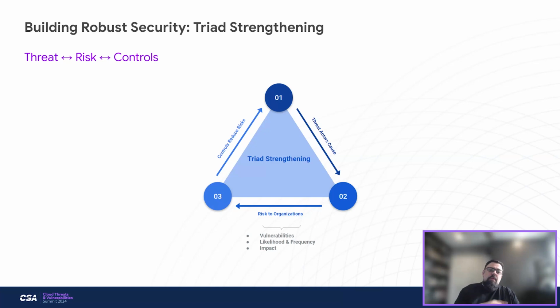So this continuous cycle of evolution is what needs to happen in perpetuity. And the quicker and more effective organizations are at synthesizing that data in order to drive control improvement and control maturity, the more effective they are at their overall risk mitigation and response to these security threats.